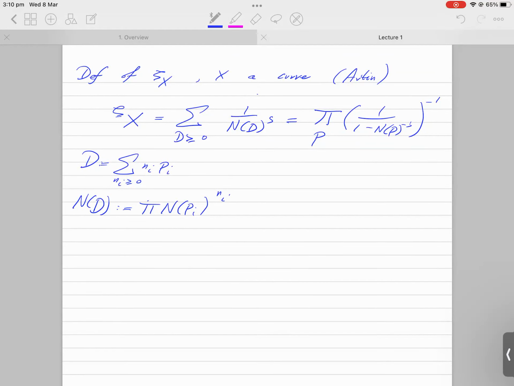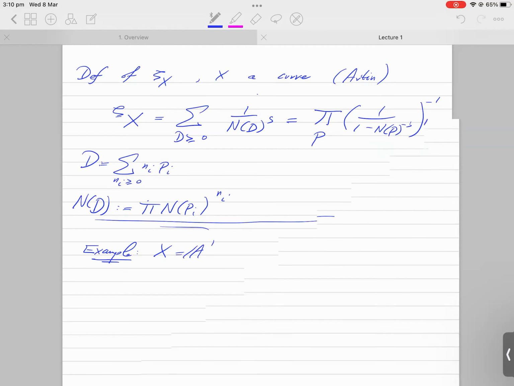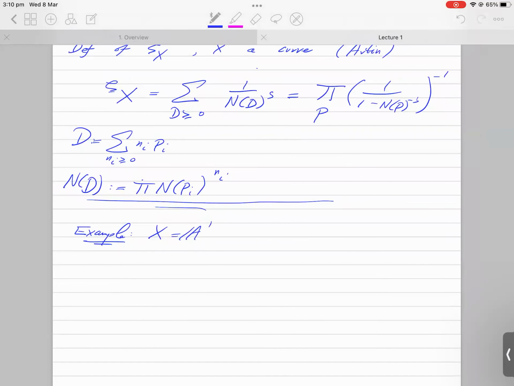Let's do an example of the affine line. So this is for a general curve example. X equals the affine line. Now, what is D? Who can tell me what D is?